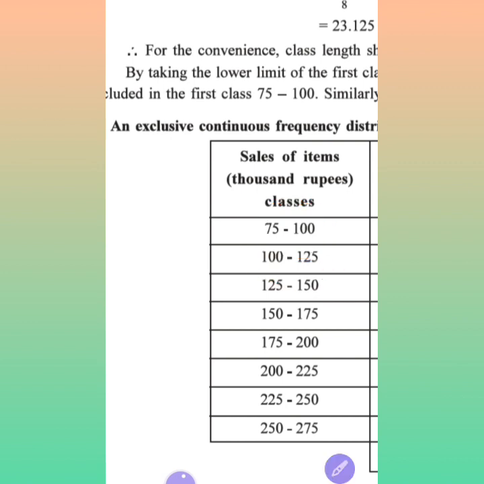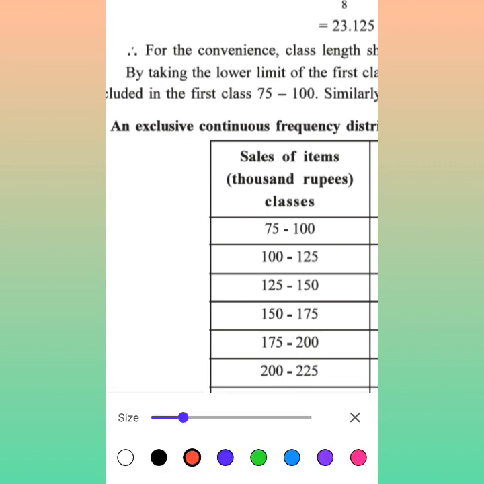This 75 is called the lower limit, and this 100 is called the upper limit.